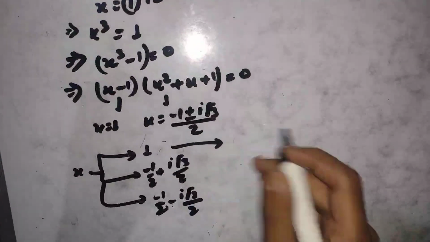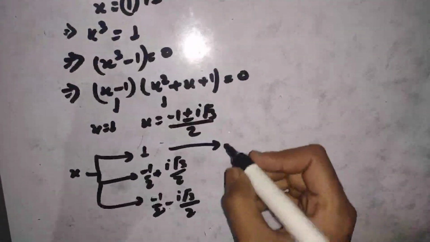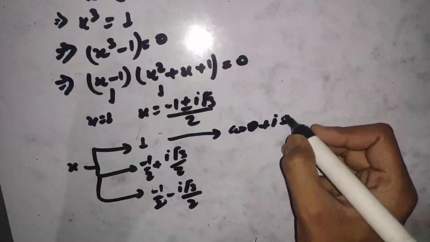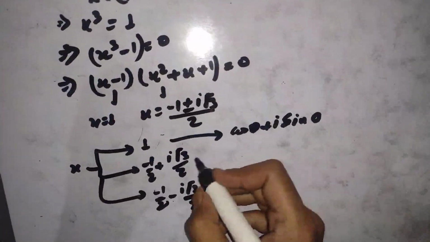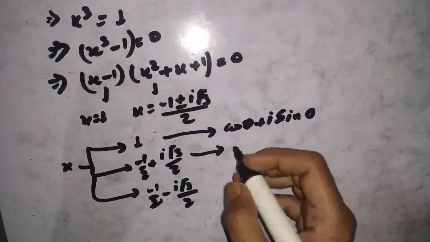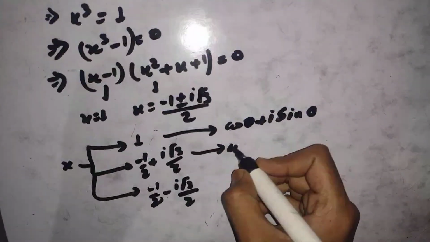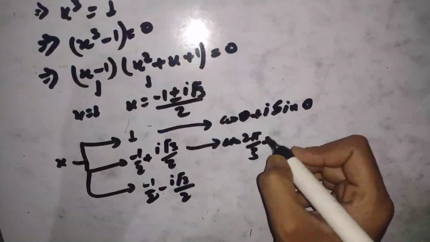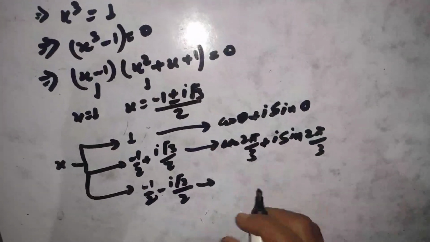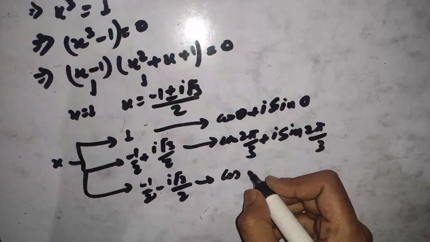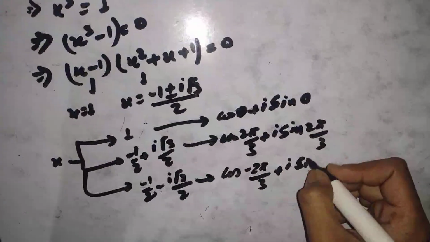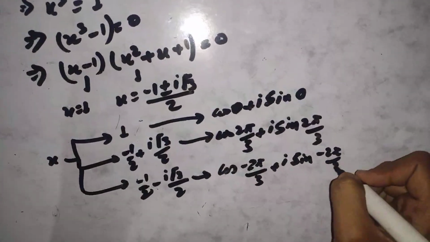We can write this in trigonometric form. So this can be written as cos 0 plus iota sine 0. The second has argument 2 pi by 3, so this can be written as cos 2 pi by 3 plus iota sine 2 pi by 3, and the third can be written as cos minus 2 pi by 3 plus iota sine minus 2 pi by 3.